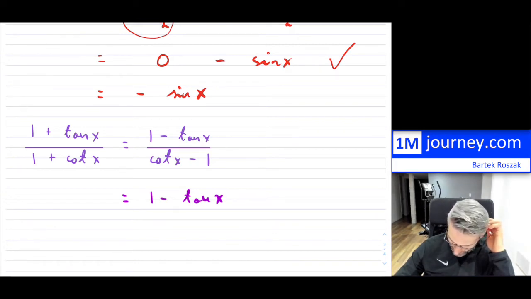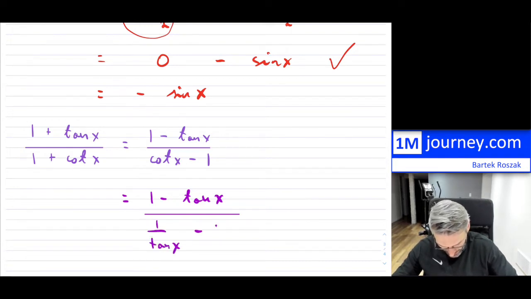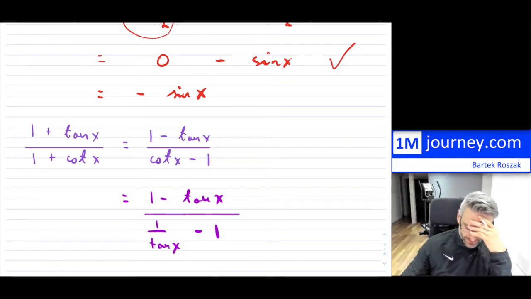We have the 10x on the left-hand side, so I don't know. We certainly don't want those negatives there, right? I'm going to try this: 1 over 10x minus 1. Why am I doing that? To be honest with you, I'm not sure yet.